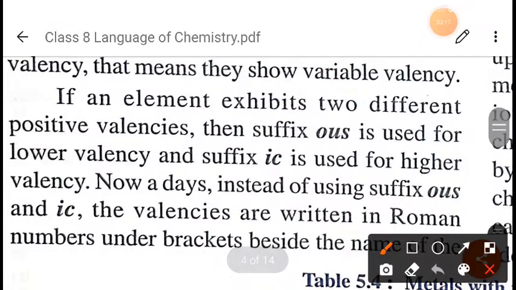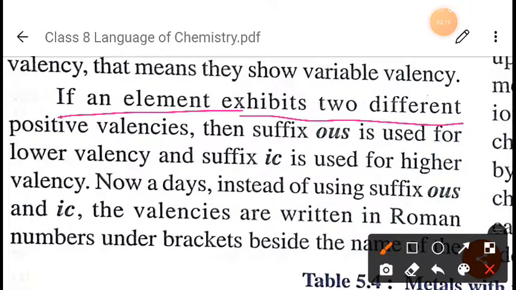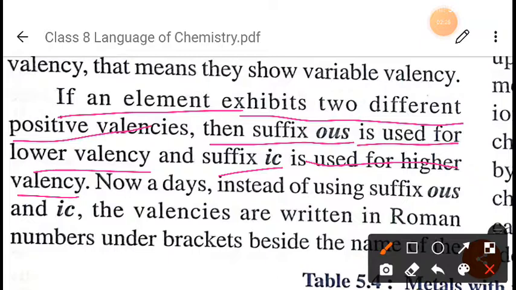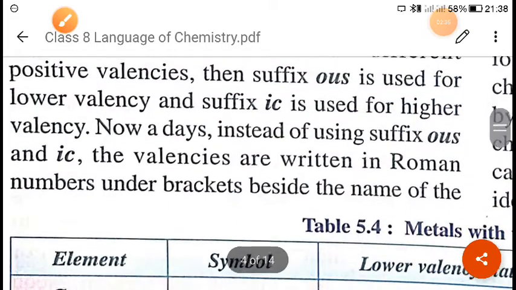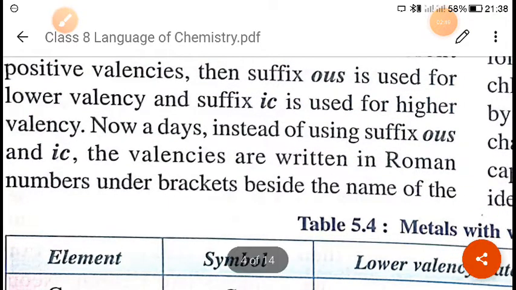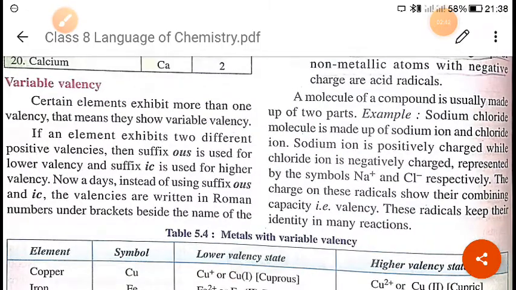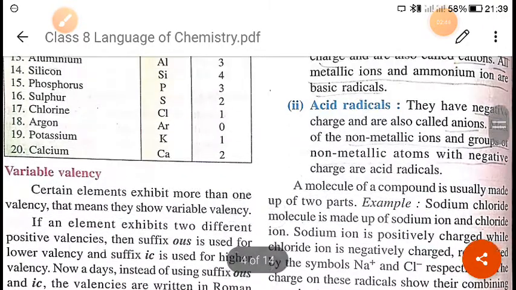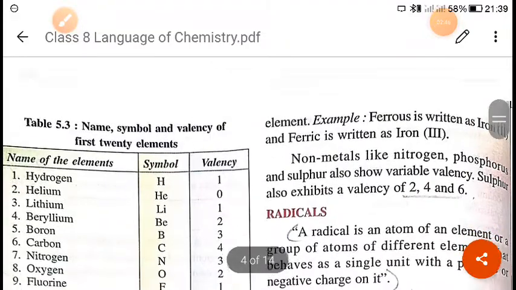If an element exhibits two different positive valencies, then "ous" is used for the lower valency, and suffix "ic" is used for the higher valency. Nowadays, instead of using suffix ous and ic, we use a Roman numeral in brackets beside the name of the element.